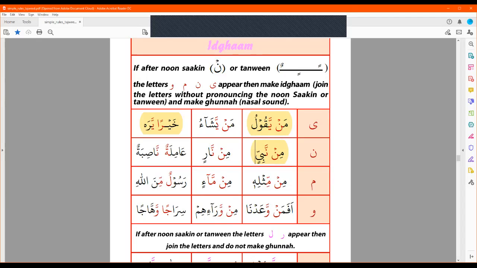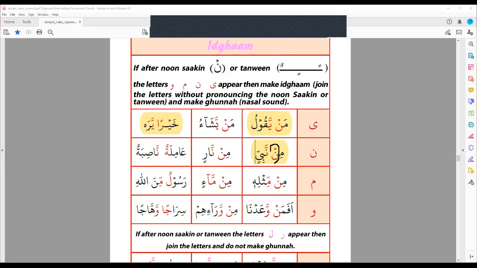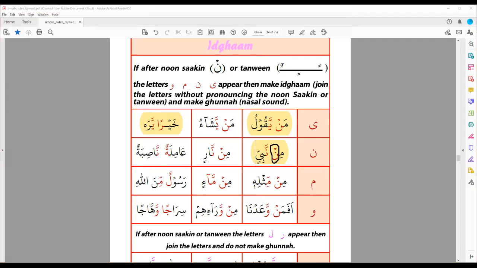So when I say min nabiyyin, there is one thing you need to understand. I am not pronouncing this nun because there is a tashdid. So I am pronouncing from mim to this nun right here directly. Min nabiyyin, min narin. So the whole point is here you have to make about 1 second long gunna.